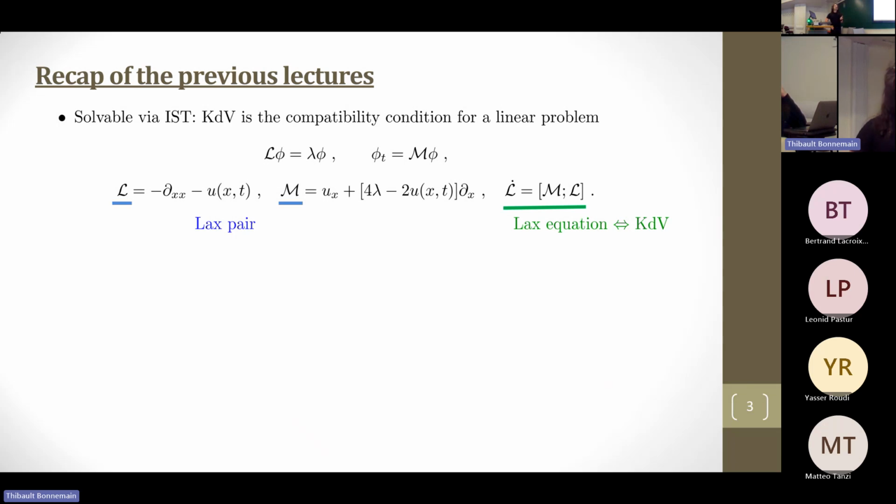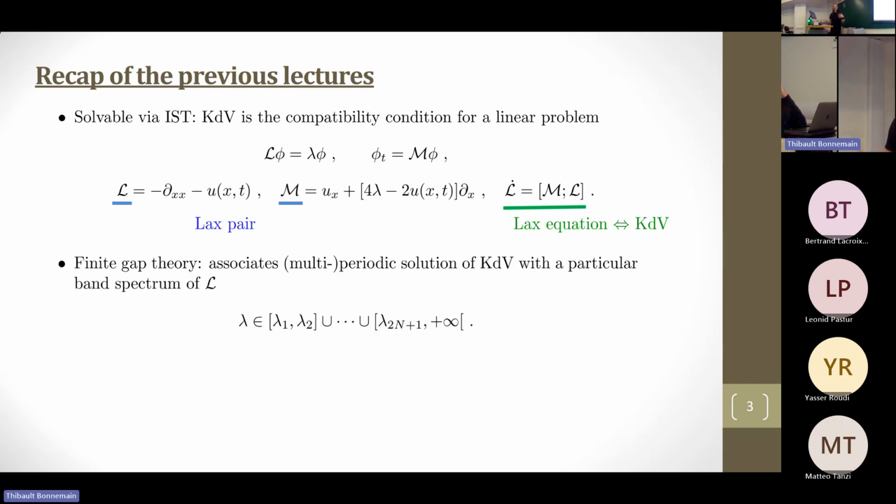This comes from the fact that you can write the KdV equation as a compatibility condition for this linear overdetermined system, where the Lax pair of operators, this L and M, satisfies the Lax equation, provided that the potential u here satisfies the KdV equation. We used this property last time to construct the so-called cnoidal wave solution, which is the simplest periodic solution of the KdV equation.